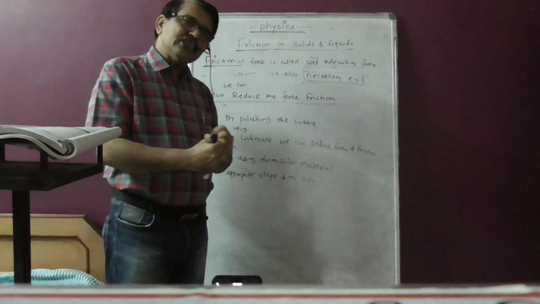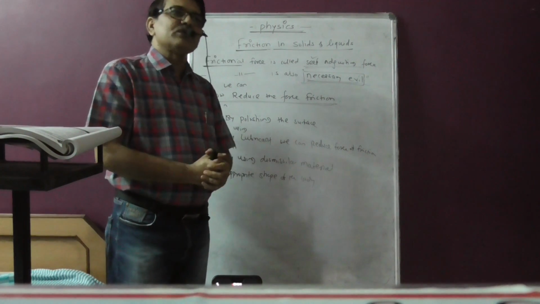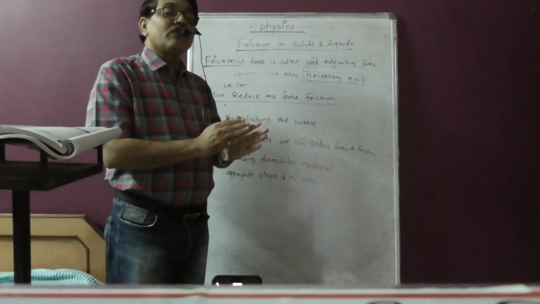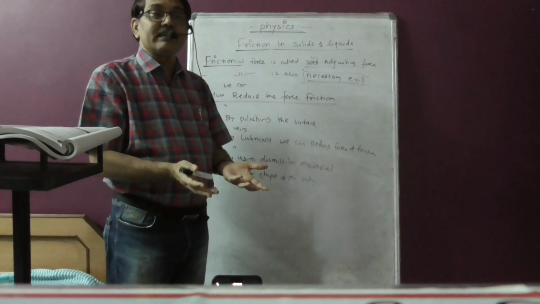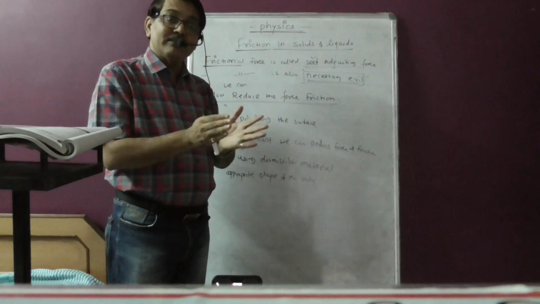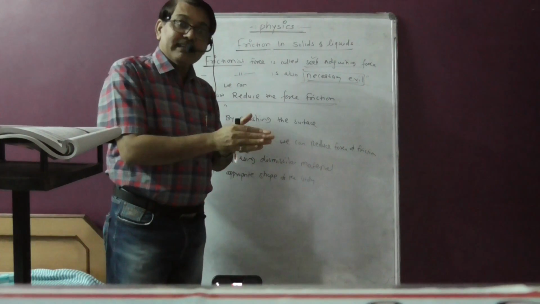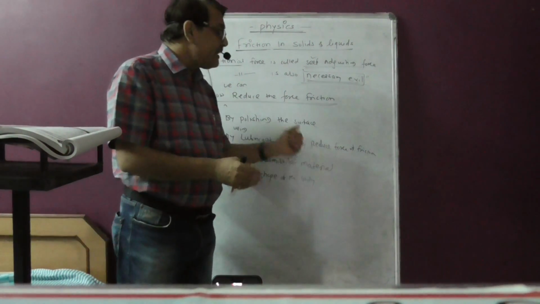So you can use different materials, and the shape should be a proper circular shape. Then automatically the force of friction is going to get reduced. If you use different materials like iron and steel, the force of attraction between the two different materials will be less compared to two similar materials, and therefore the force of friction can be reduced.